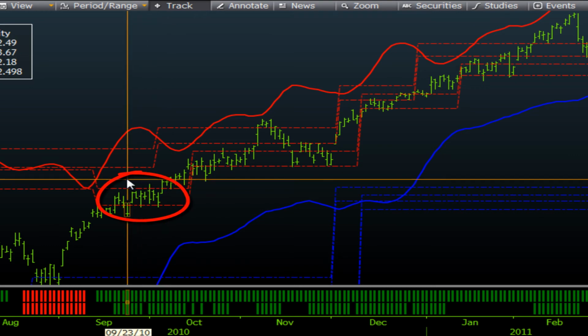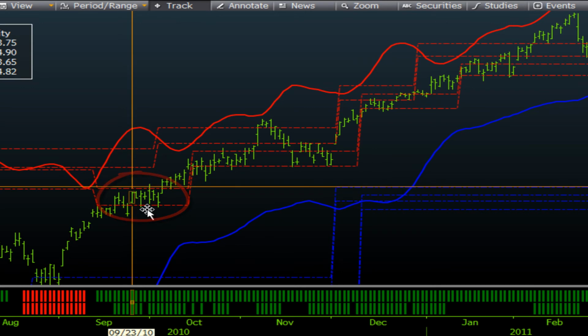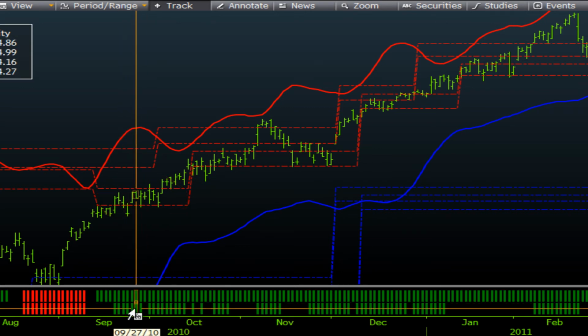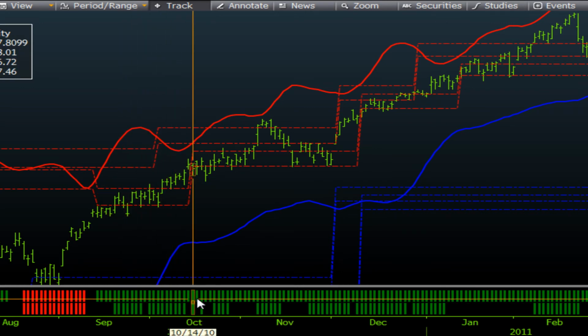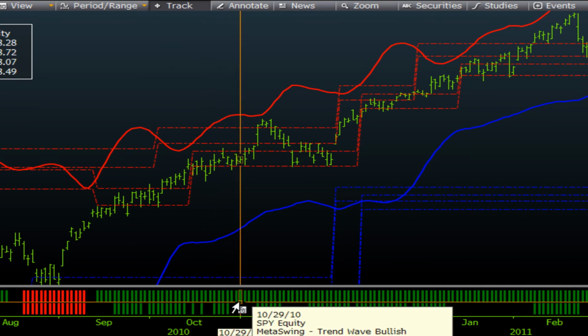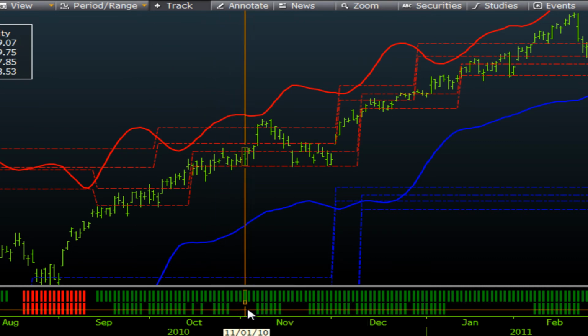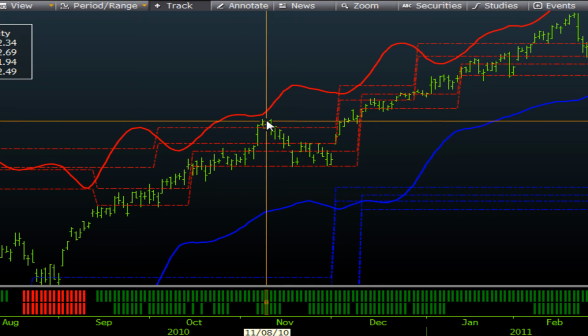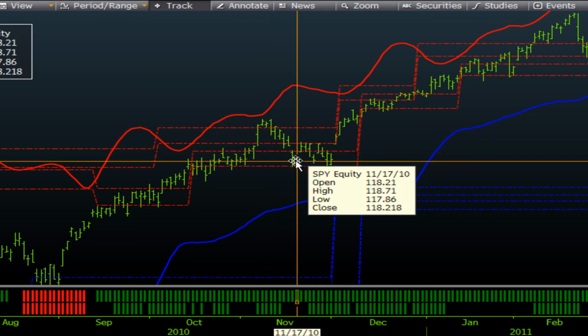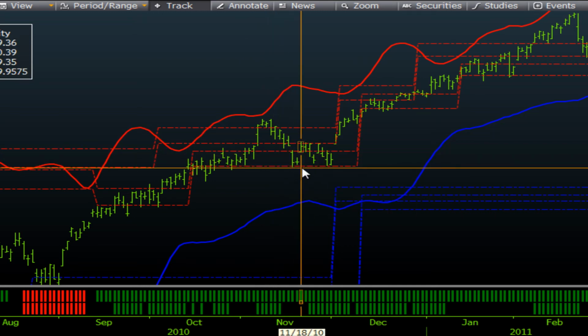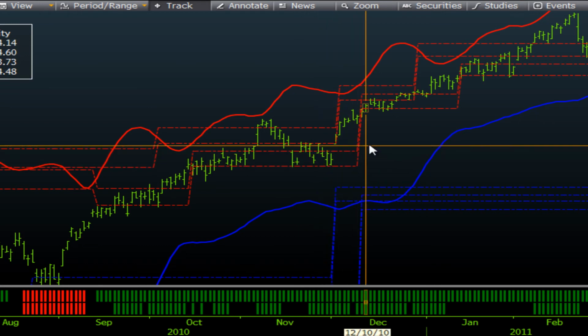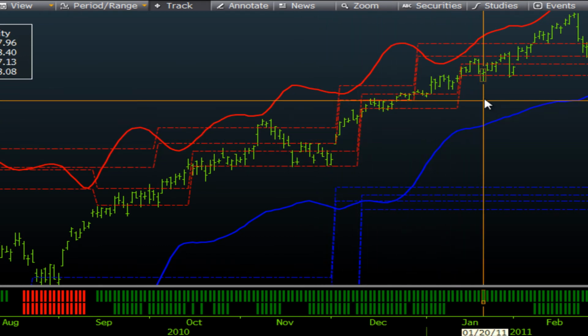That's generally confirmation of bullish trend behavior. And sure enough, we get trend strength, trend direction. Here we begin to get a little bit of weakness, and sure enough we get a little bit of retracement and pullback behavior in the SPY. However, it continues its trend on upward.